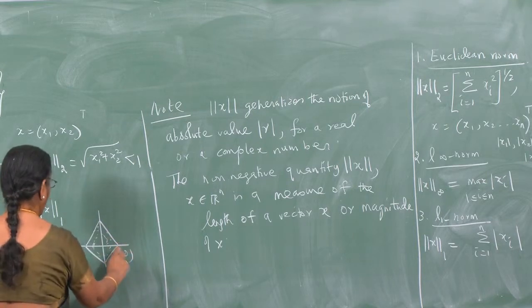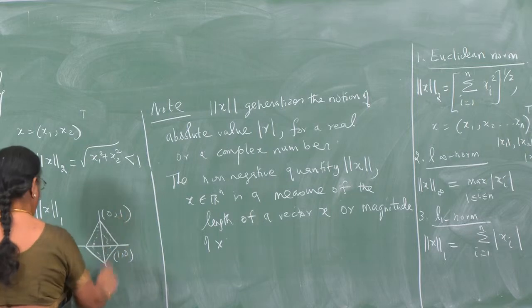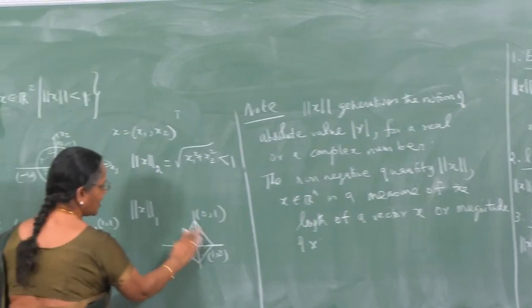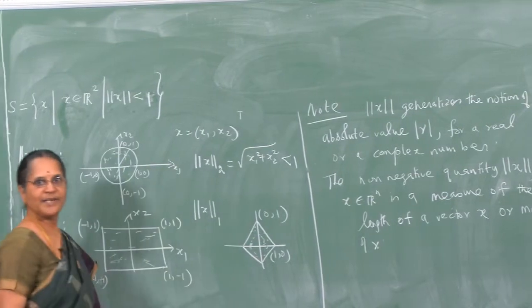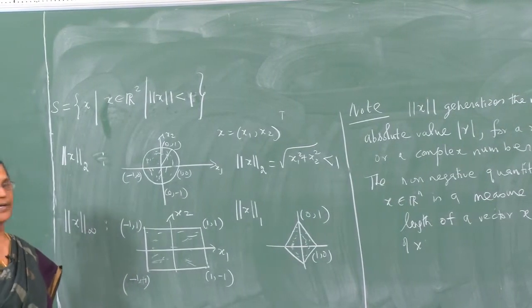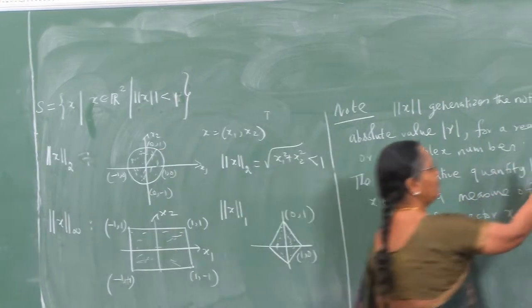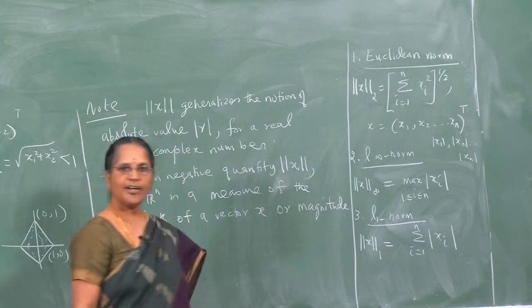So, this will be 1 0 and this will be 0 1. So, if you use this norm and mark all the points which lie in this set S, these are the points which lie within this rhombus. I hope you see how you compute norm 2 or norm infinity or norm 1.